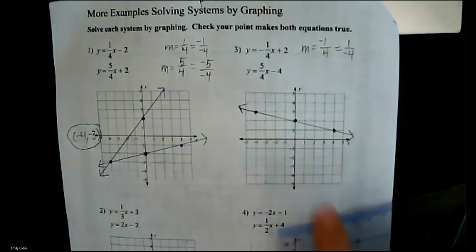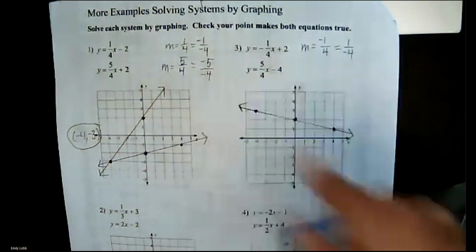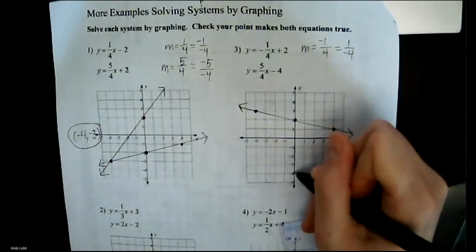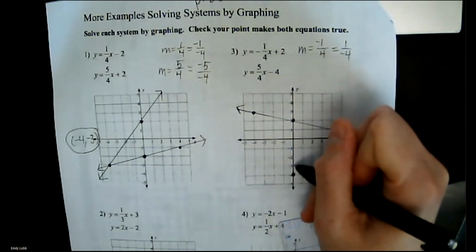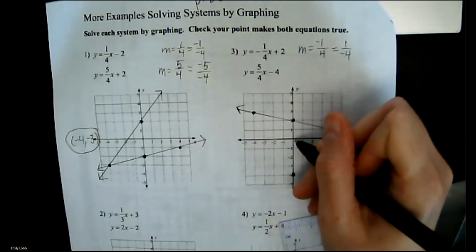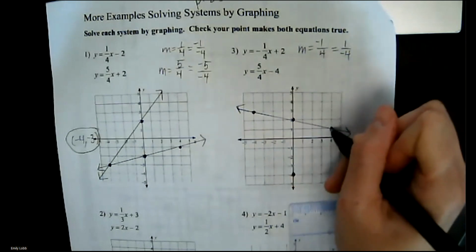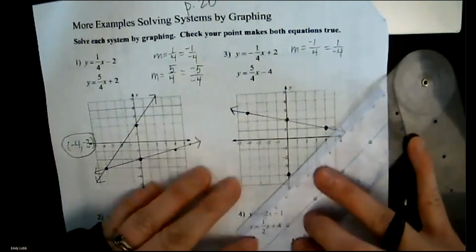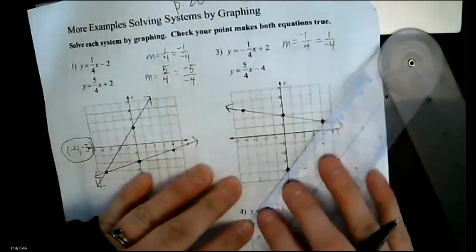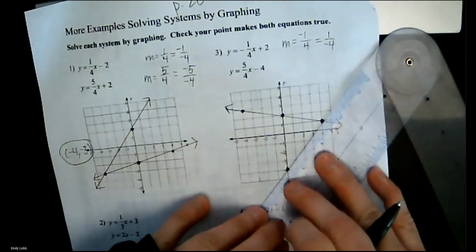All right, so this time we are starting at a -4 y-intercept, meaning we can go up 5, up 1, 2, 3, 4, 5, right 4. So this time, our point of intersection is over here.